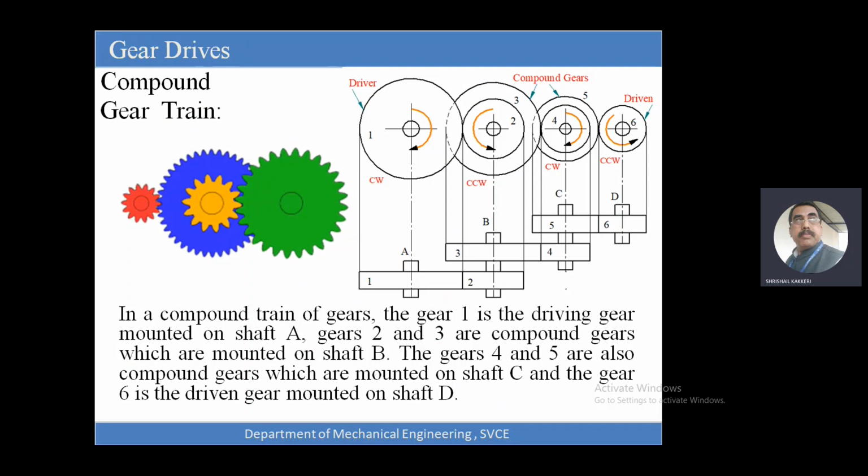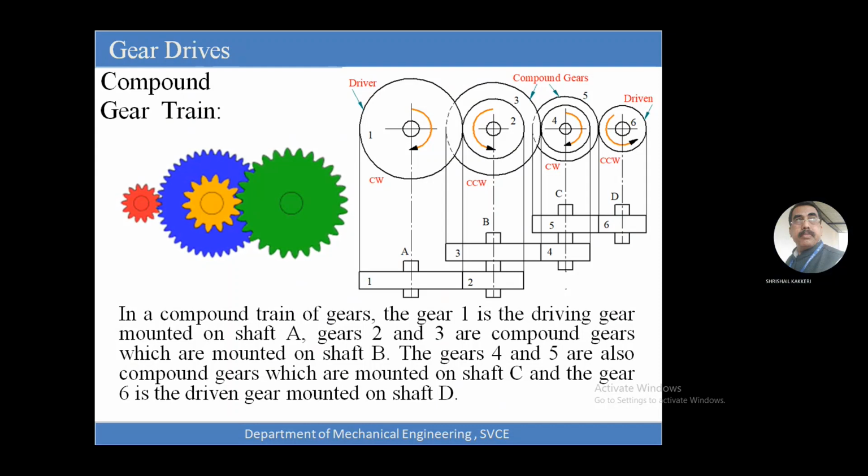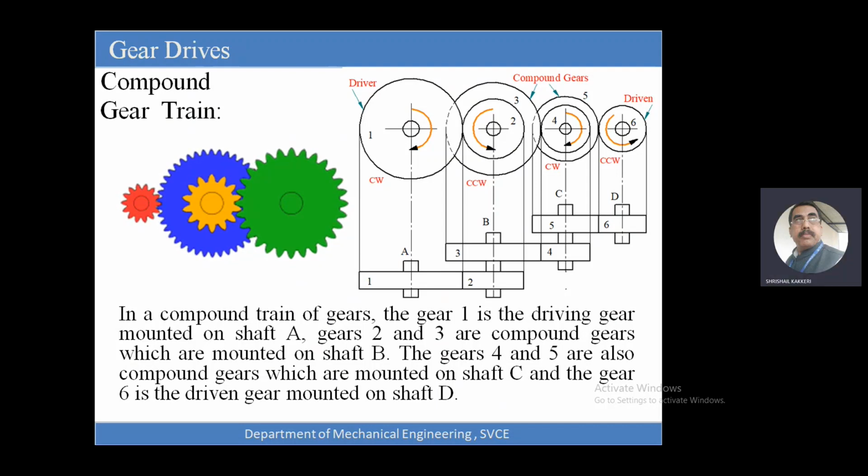That is, N2 by N1 is equal to T1 by T2. That is equation 1. Now next, consider gears 2 and 3. They are mounted on the same shaft, but gear 3 and gear 4 are meshing with each other.